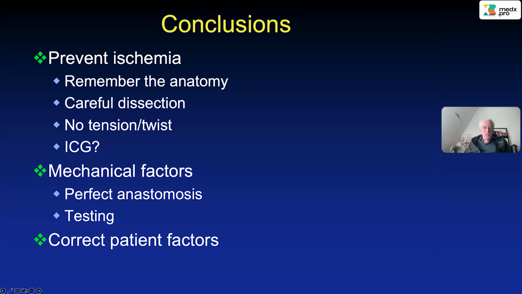Probably there's a need for routine ICG. There is a need for checking your anastomosis from the visual point of view, from the endoscopic point of view, from the ICG point of view, and testing for air tightness. And then to make sure that you have addressed any correctable patient factors beforehand.